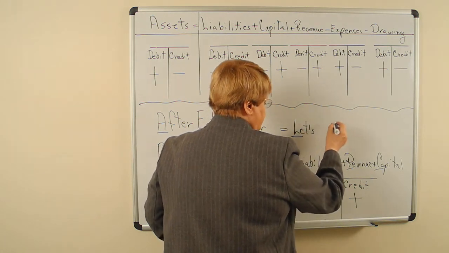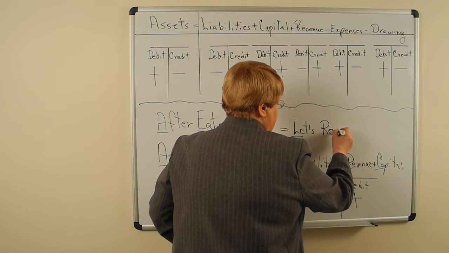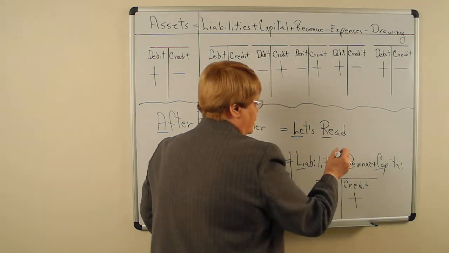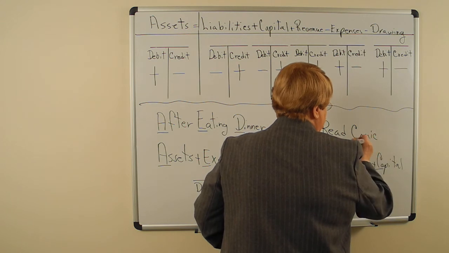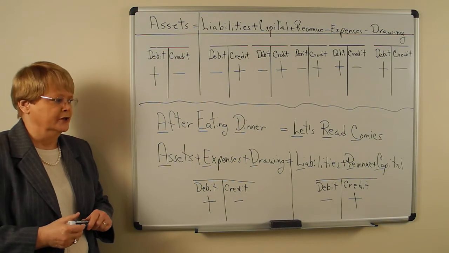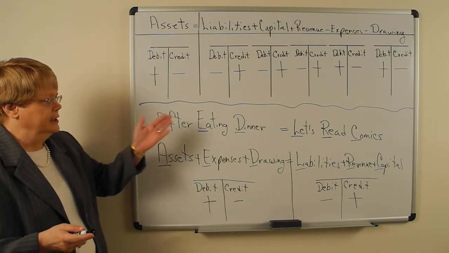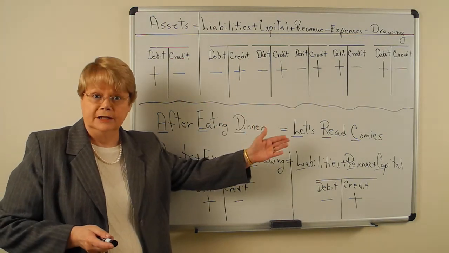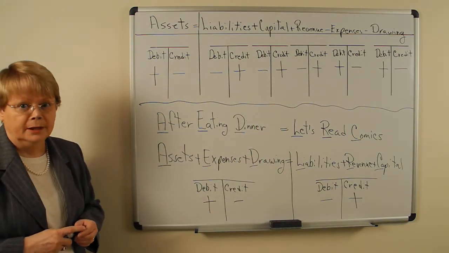There's my L. And for the revenue, the R, I'm going to say read. There's the R. And for the capital, the C, I'm going to say comics. Or you could put a V in there and just put it in parentheses and not pronounce it. Okay, so after eating dinner, let's read the comics. Okay, it's a silly little phrase, but one that you'll probably remember.